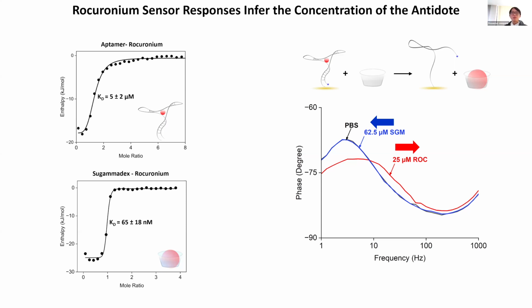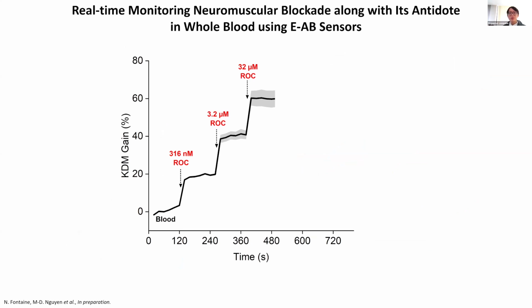We also demonstrated that the sensor works very well in whole blood. First we challenged the sensor in blood and measured the response for around 2 minutes, and then we injected increasing target concentrations and saw the response going up.